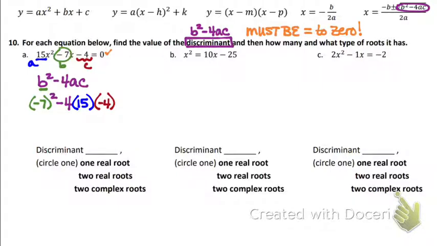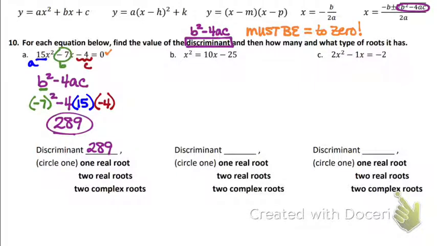At this point, you can pop this all into your calculator, just as is. Make sure you put the parentheses around things. What do you get when you put this whole thing in your calculator? 289. That is my discriminant.